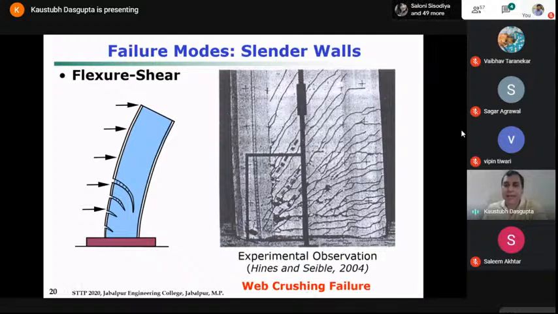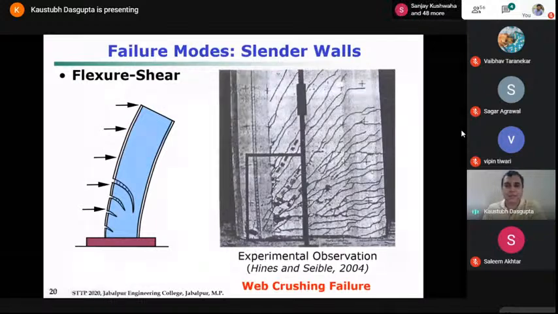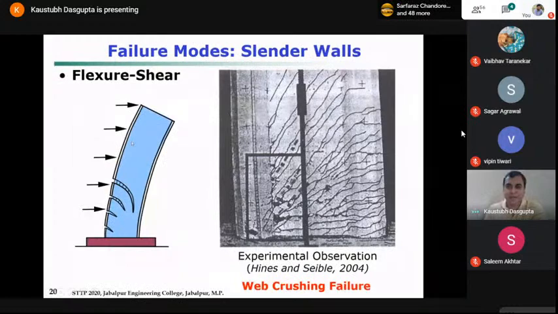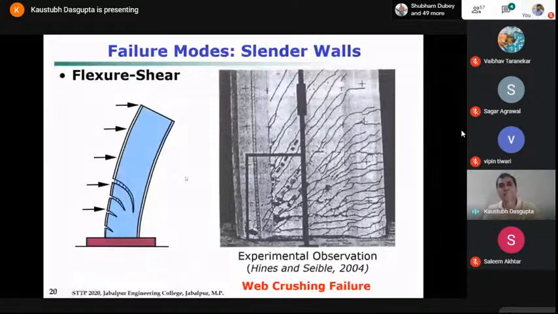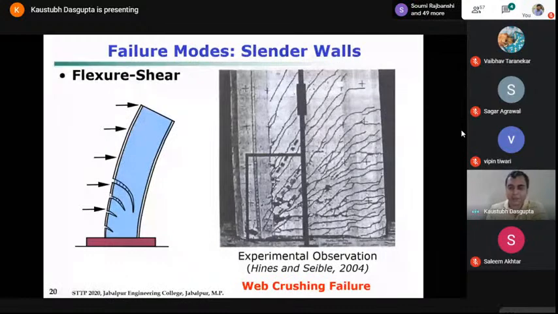As you can see, they had boundary elements which were enlarged at the ends, and it was simply tested under flexion. You had the flexural cracks in one direction, and then you had the compression concentration at one end. So this is the flexure shear behavior, just what you observe in case of a cantilever beam. You'll have tension cracks and then compression crushing.